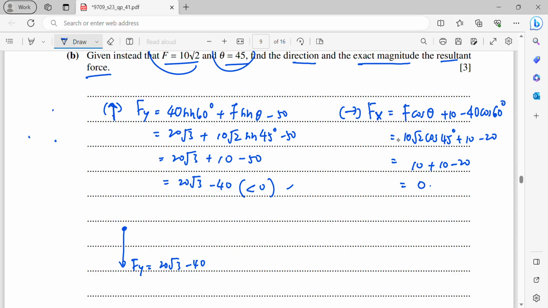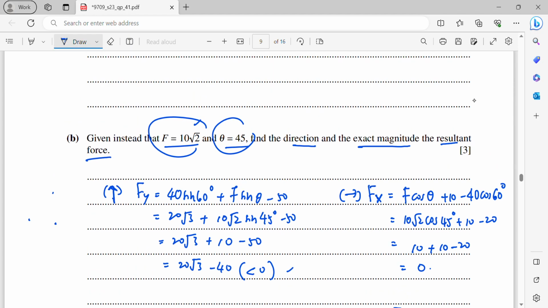So from here I will just write resultant force, R equals Fy. So it will be 40 minus 20 square root 3 N. So that is the magnitude.